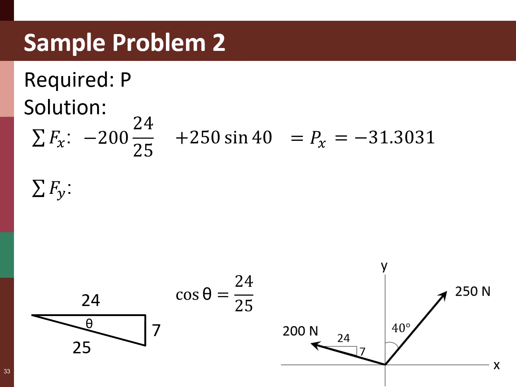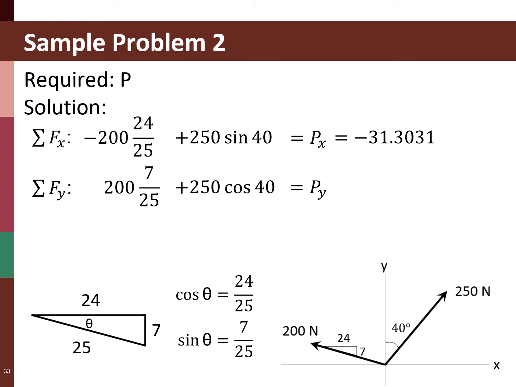For the summation of forces about the y-axis, the y component of the 200 Newton force is equal to 200 times 7 over 25. 7 over 25 comes from the sine of theta, which is equal to 7 over 25. Plus the y component of the 250 Newton force, which is 250 times the cosine of 40.